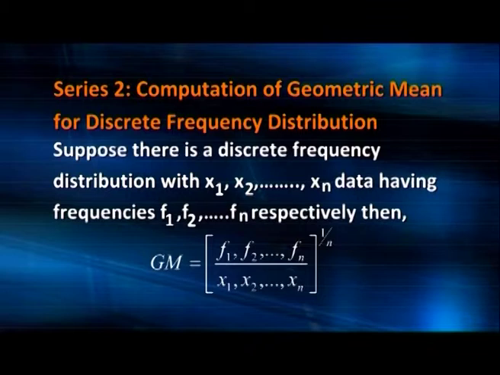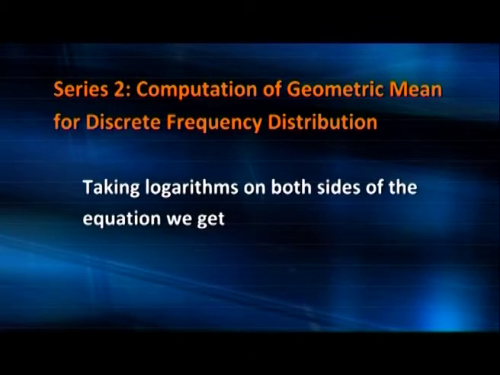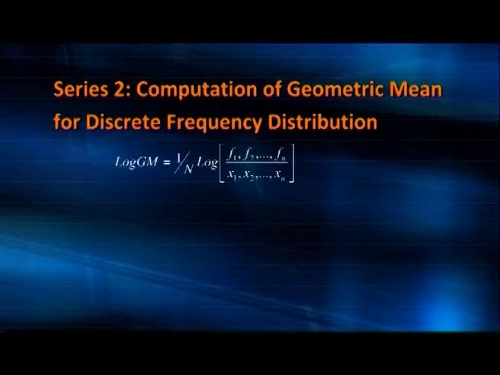In this case, the frequencies are f1, f2 and so on to fn, and the variables are x1, x2 and so on to xn. Taking logarithms on both sides of the equation, we get log of the geometric mean is equal to 1 by n of the frequency and its product with the log of the variables.